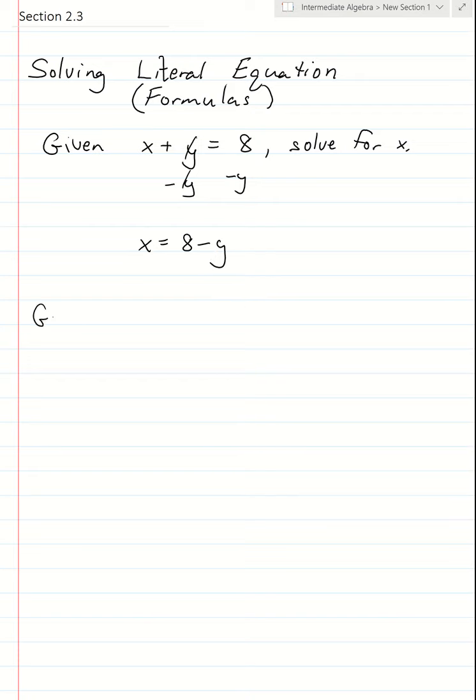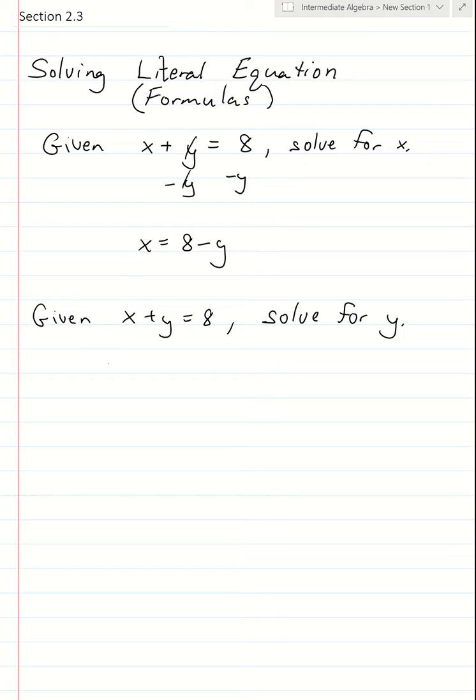Now, I could have given you the same exact literal equation of x plus y equaling 8, except now, of course, I could ask you to solve for the variable y. So if we have this same relationship, except now I have to get y by itself, I have to eliminate the x.